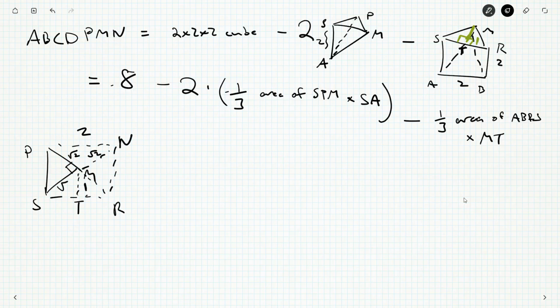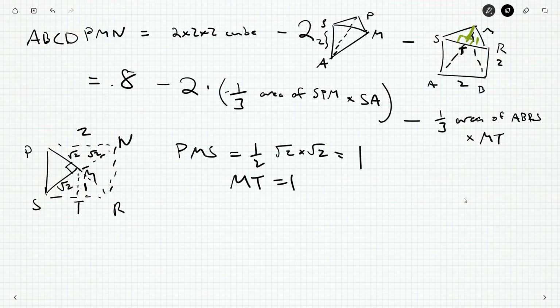M is the midpoint, so this is also going to be root 2. So PMS is 1/2 root 2 times root 2, which is just going to be 1. It's a base of 1 here. And MT is 1 from previous comments, but if you want to rederive it so all your solution is together, that's okay. But I've already explained MT is 1. I just didn't have the name T before.